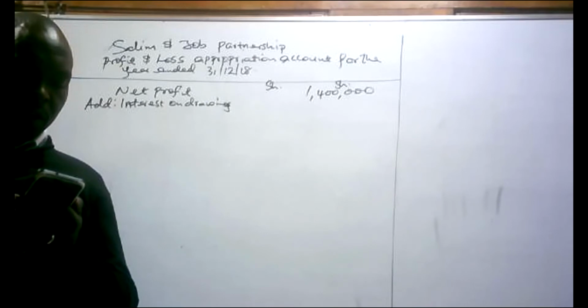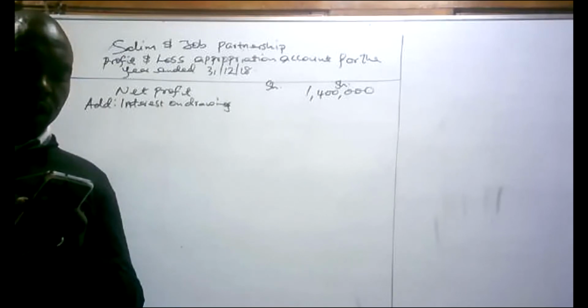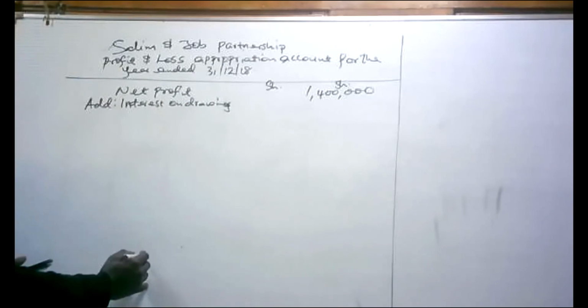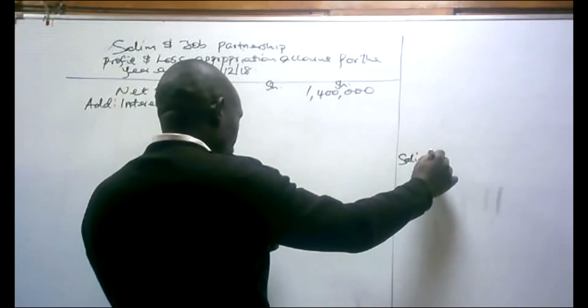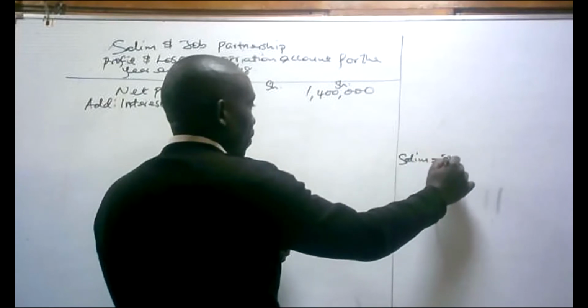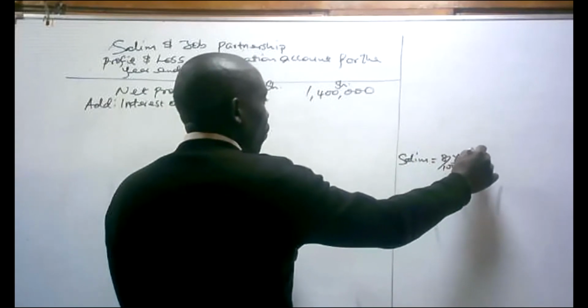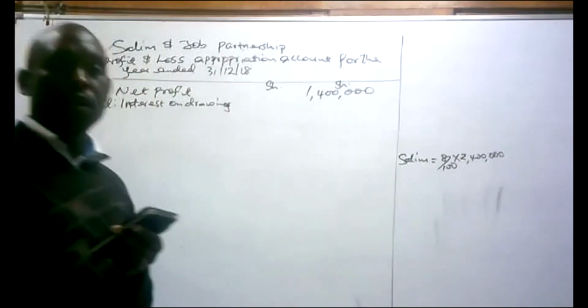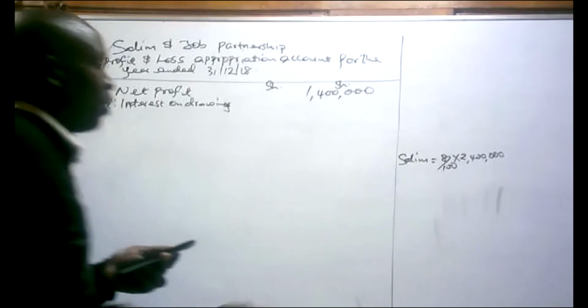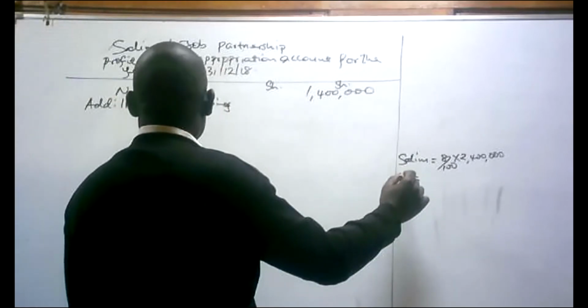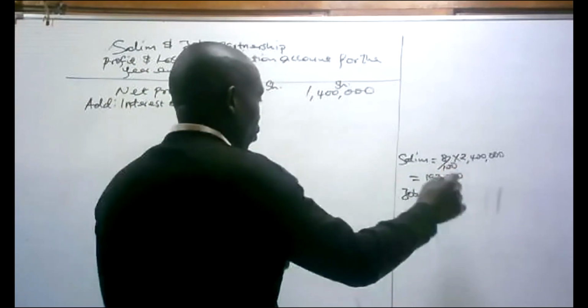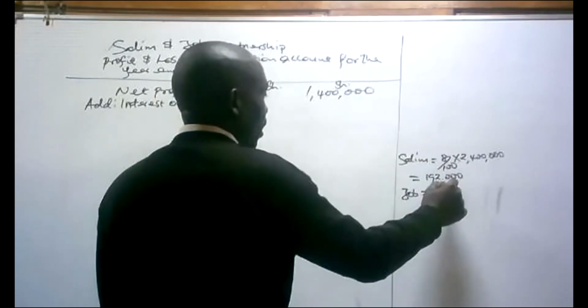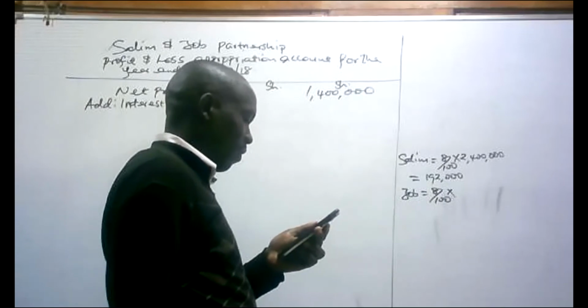Drawings during the year amounted to 2,400,000 for Salim. 8% of that gives you 192,000.